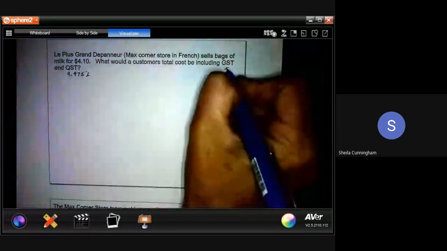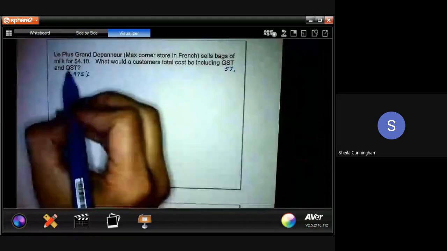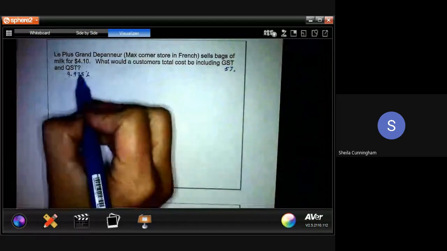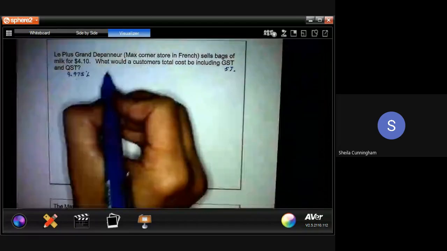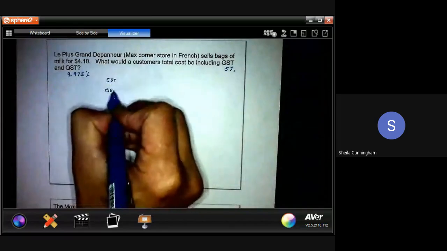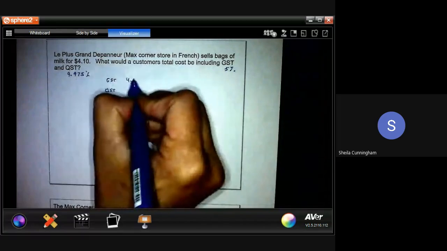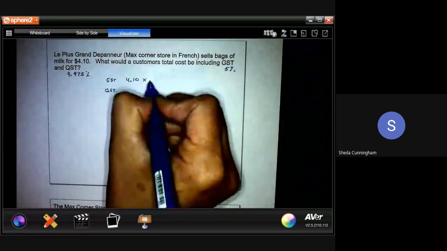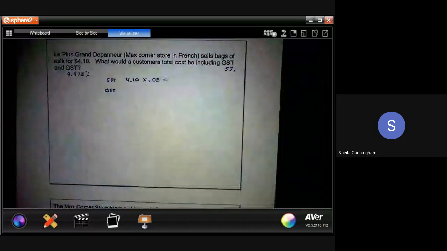And again, GST, 5%. So say you go to Quebec. You go to buy the milk, you're paying a little bit higher percentage than what we're used to paying in terms of our provincial tax, but the process is still going to be the same. So we're going to find our GST, and then we're going to find our QST. GST first, you're going to take the $4.10 and times it by 0.05, because you're taking that percentage and dividing it by 100.